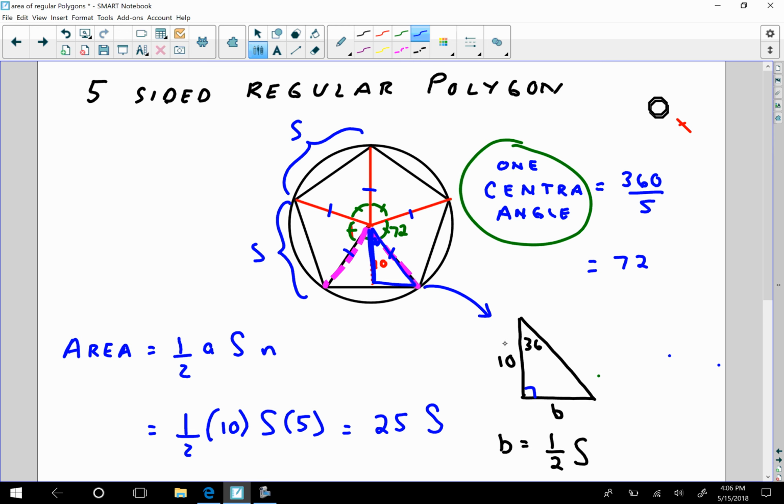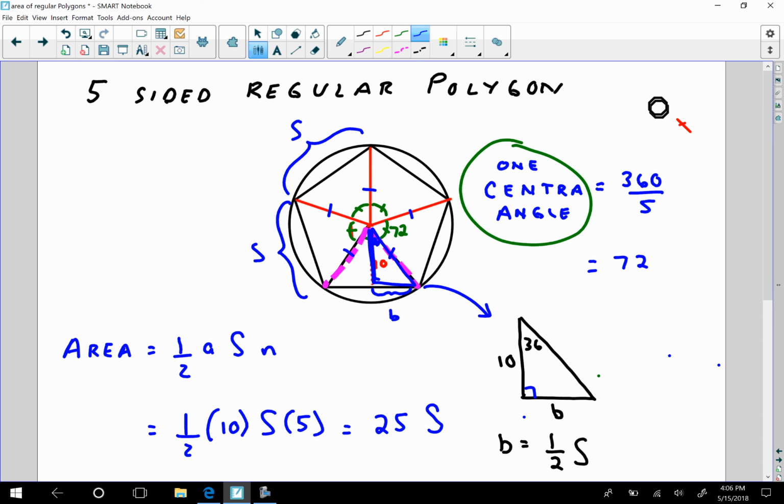They tell me that the apothem, or this length here, is 10, and we're going to use trigonometric ratios to find this B. What I need to note about B is that B is equal to 1/2 S. Why?